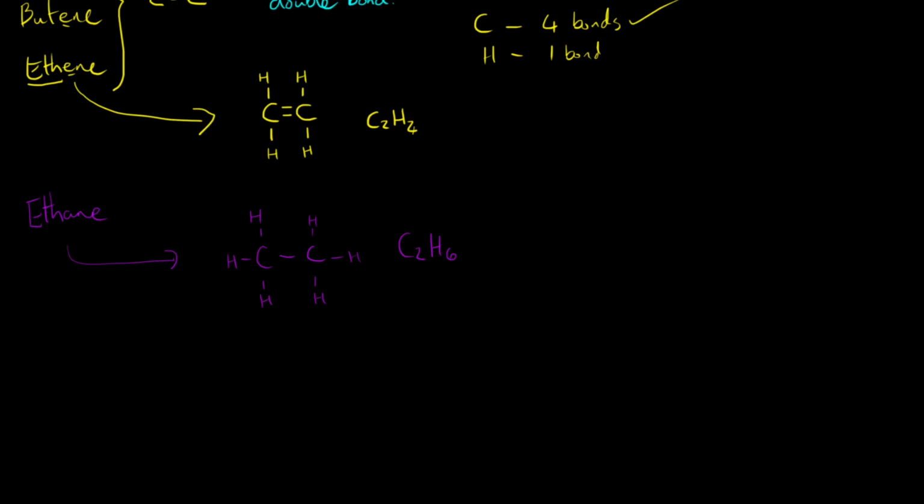Now let's have an explore into working out a general formula for our alkenes. So hopefully we still remember that the general formula for the alkanes is CnH2n plus 2. Let's try and figure out what it would be for these alkenes now.